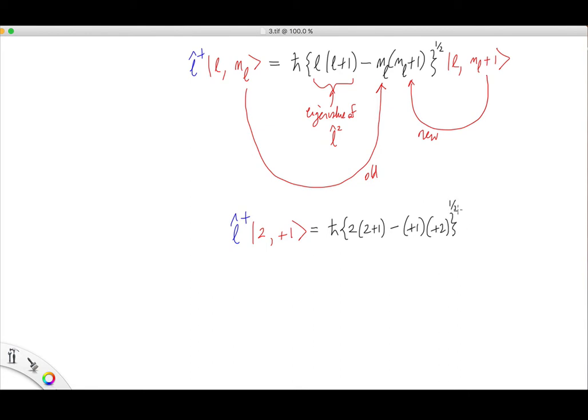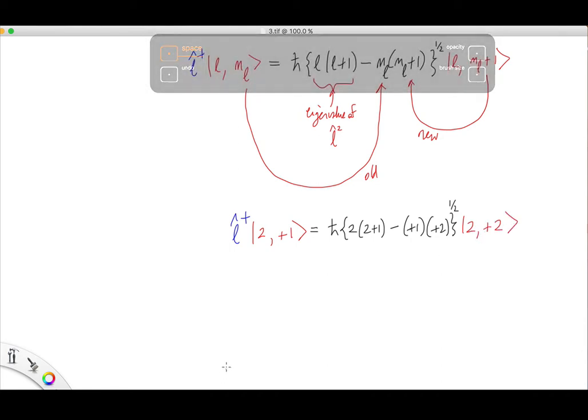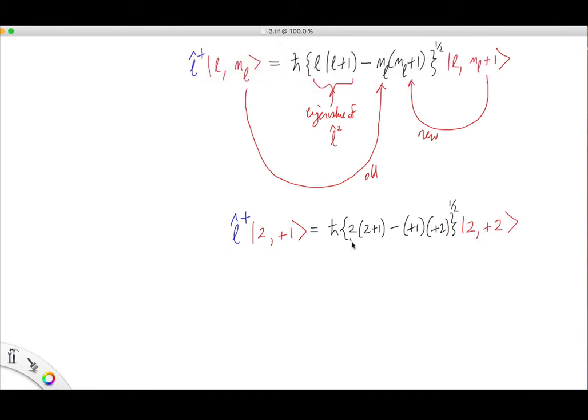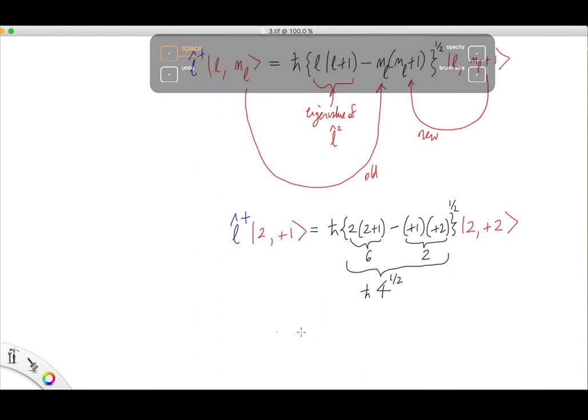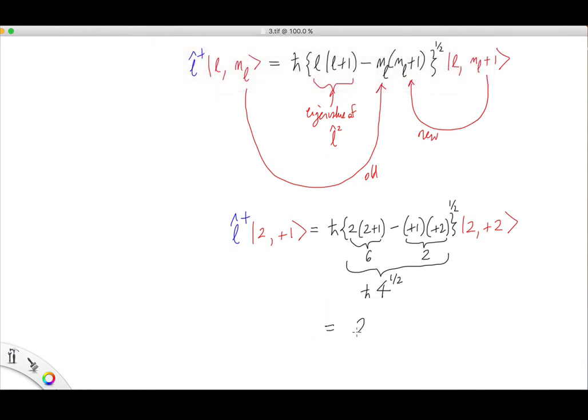Close the brackets, take the square root, and write the new state with the ml value raised by 1, which gives the state 2 plus 2. And we can evaluate that. The first term evaluates to 2 times 3 is 6. The second term evaluates as 1 times 2 is 2. So I have 6 minus 2 is 4, square rooted, multiplied by h bar. So the final term evaluates to 2 h bar, ket 2 plus 2.